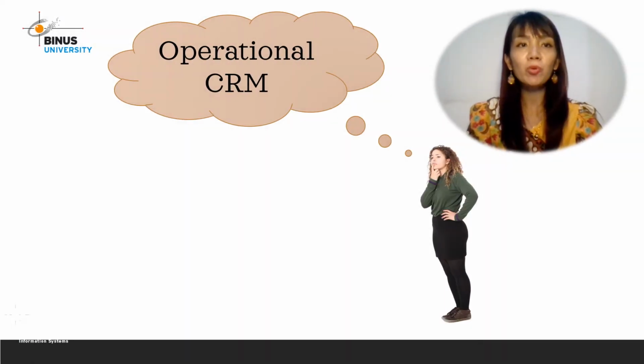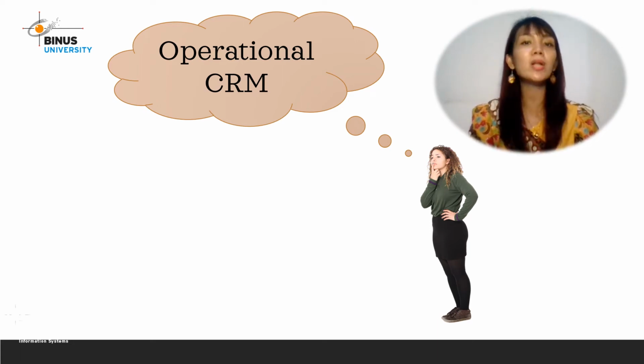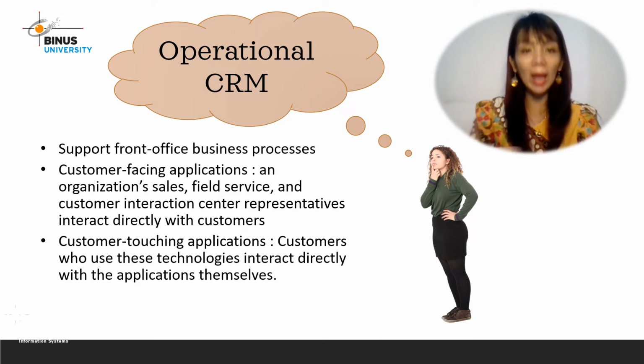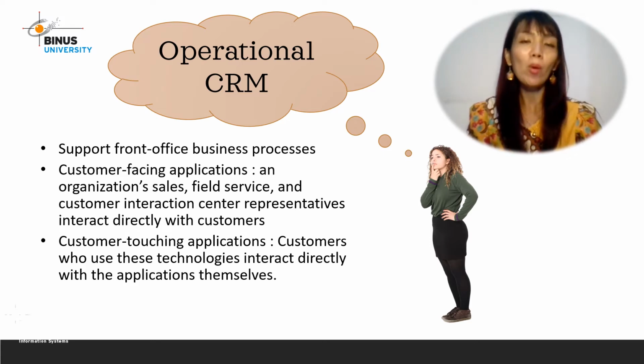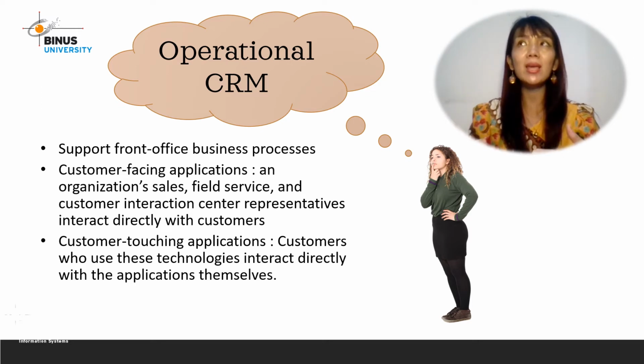Okay, now let's move to the two types of CRM. First one is operational CRM. What is operational CRM? Operational CRM supports front-end business processes. It means that when the customer buys a product or services from our company or organization, and interacts by using the website, mobile application, store, and so on, we capture their behavior.